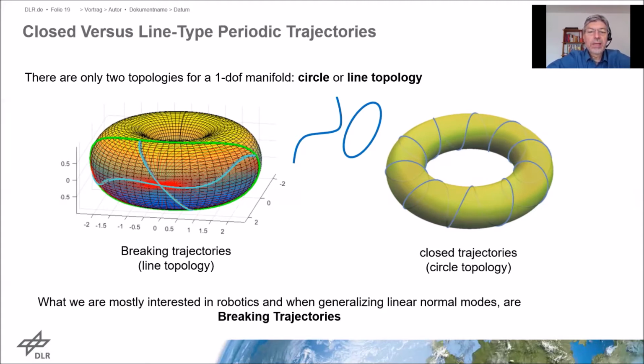While in most of the cases, when we look at oscillations, for example, of a biological or a robotic limb, they are not endless turning joints. So rather we look at geodesics with line segment topology. And this kind of trajectories have been named brake trajectories in differential geometry or in Hamiltonian mechanics.